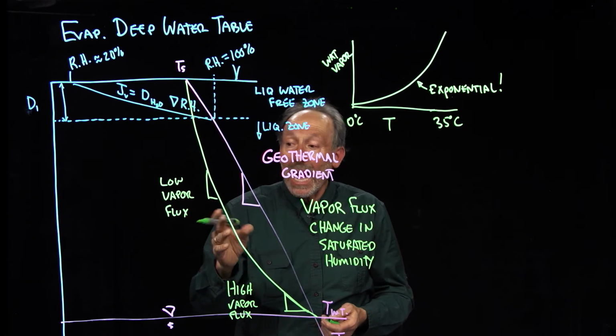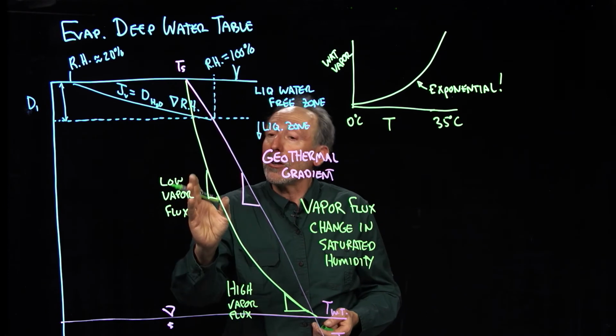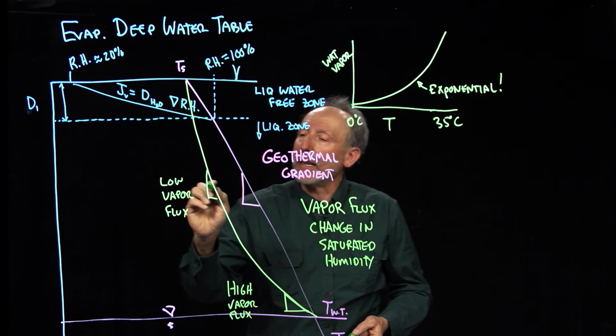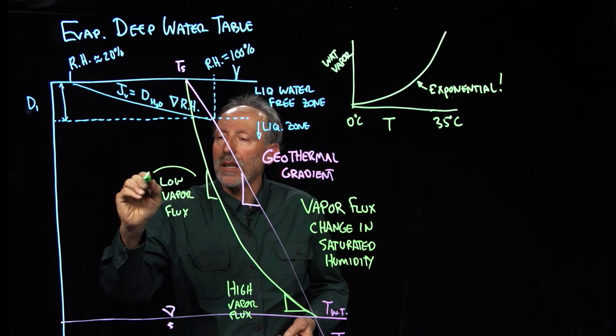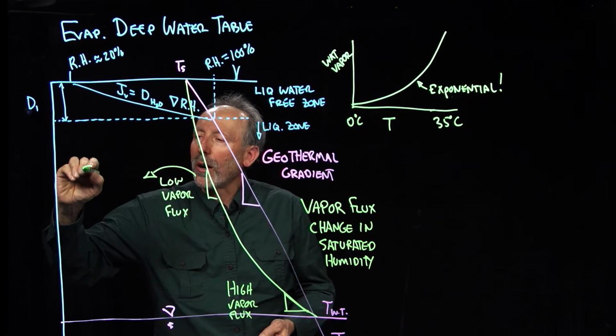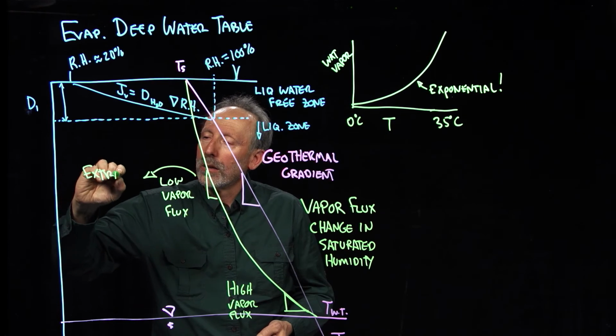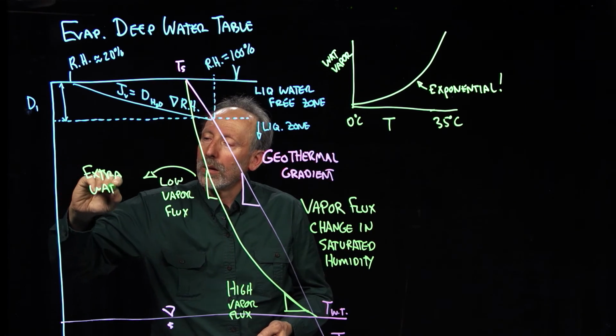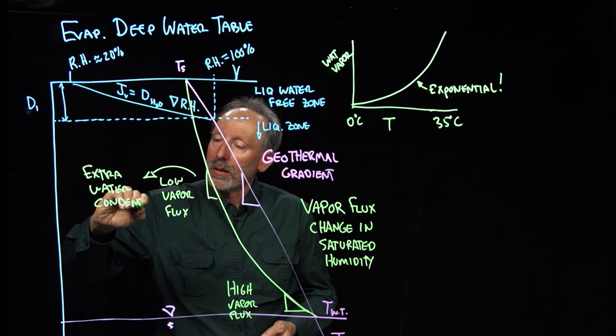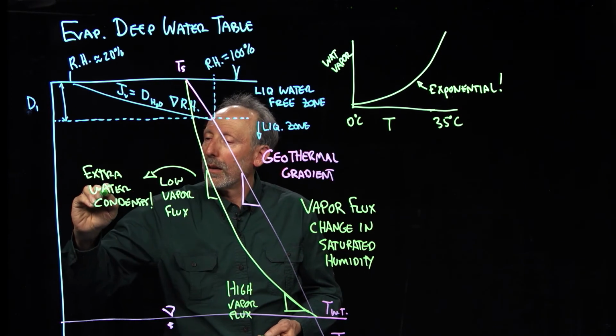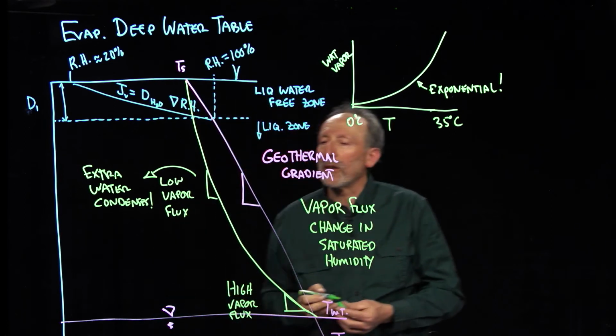What does that mean? How would you go from a high amount of water moving here, lower there? What's happening is this water is condensing. So the extra water condenses. Well, this is really interesting.